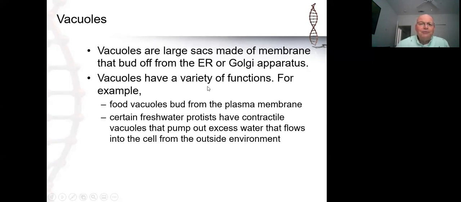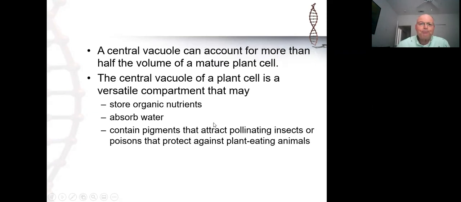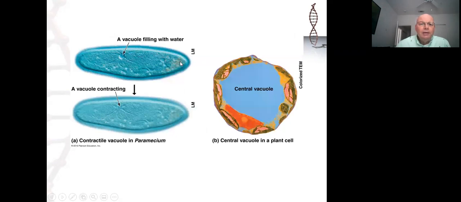Vacuoles have a number of different functions. So in animal cells, we have the food vacuoles, and in protists, we have food vacuoles that allow for the cells to feed. In some types of protists, and this is paramecium, you have a specialized vacuole called a contractile vacuole that actually functions as a water pump.